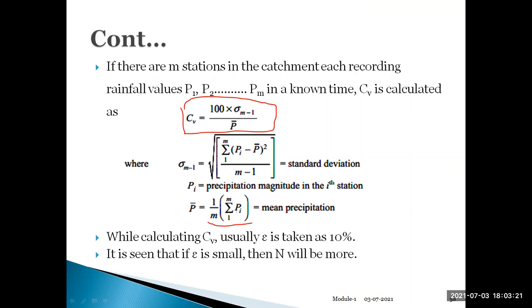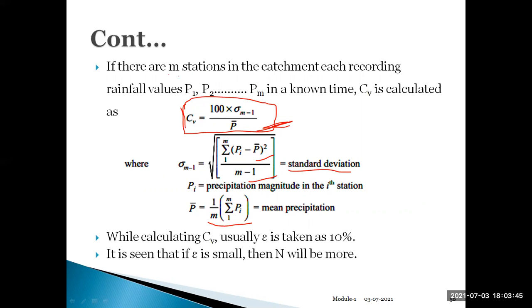So the summation of Pi from 1 to M divided by M is the mean precipitation, and σ(m−1) is the standard deviation. You know that it is the square root of the summation of (Pi − P̄)² divided by M−1. So this is the equation to calculate the coefficient of variation.